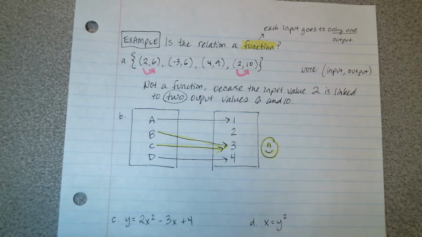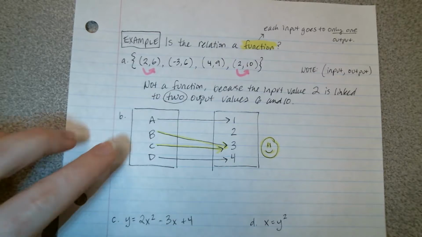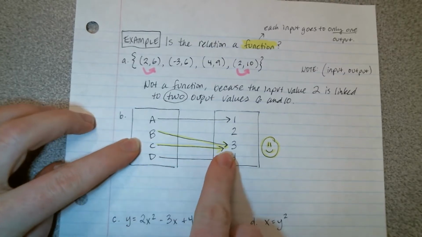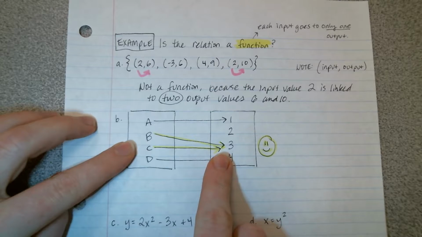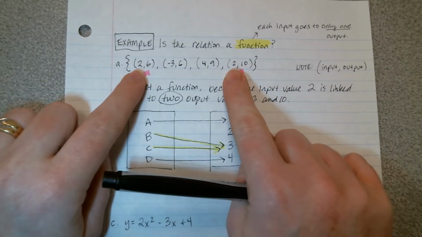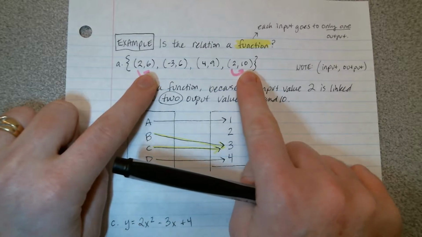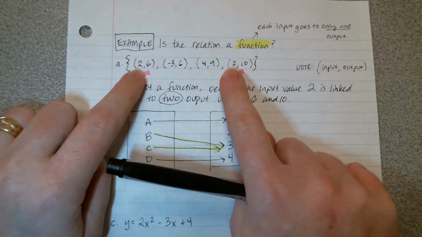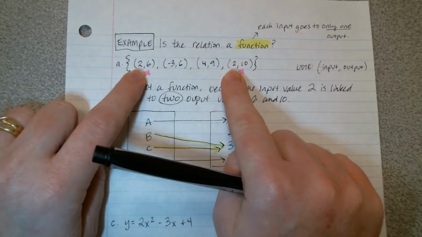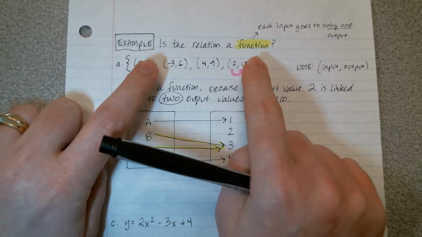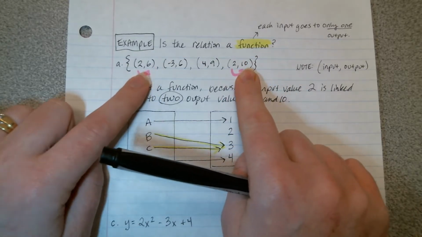Now, here's how I like to remember this distinction: my friend and I can both go to the same restaurant. However, I cannot be at 2 different restaurants at the same time. So this input number 2 representing myself, I could not be at 2 different restaurants at the same time.